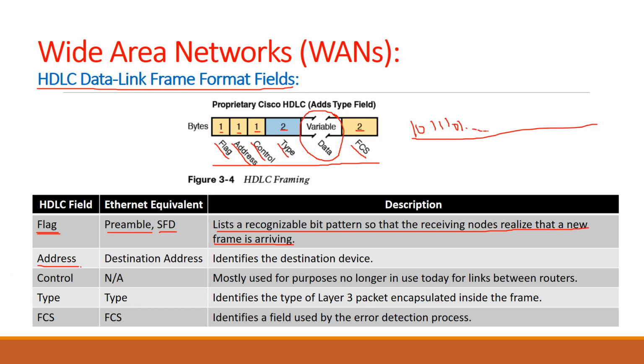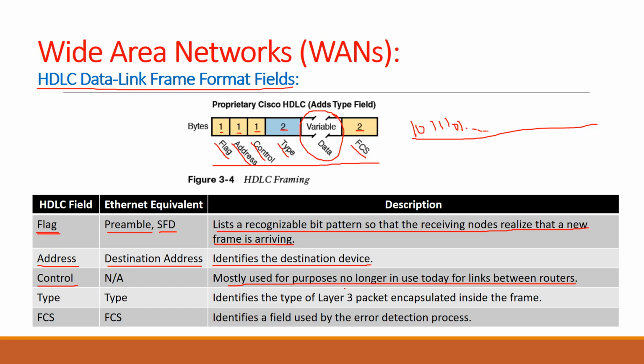The second field is the address, which is equivalent to the destination MAC address on the Ethernet. It identifies the destination device. The control byte has no equivalent on the Ethernet, but it exists here for purposes that are no longer in use today for links between routers.